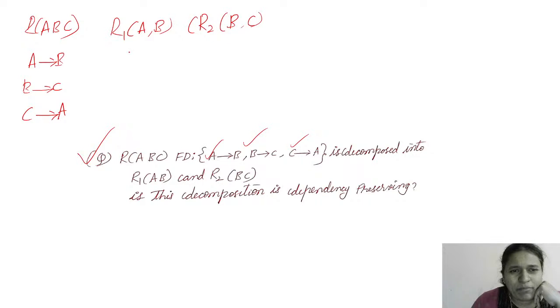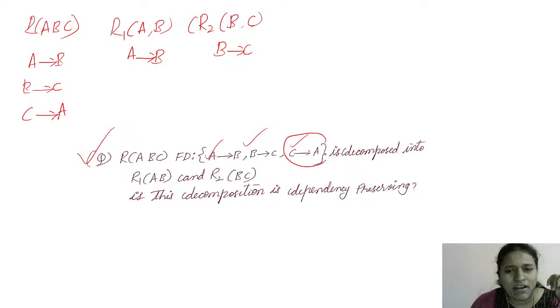What functional dependencies can we get from AB? We can get A to B here. B to C we can cover here. But C to A we are not covering, right? C to A is not directly obtained.